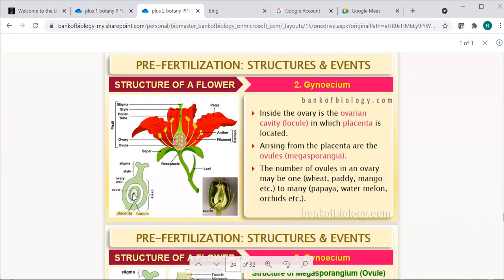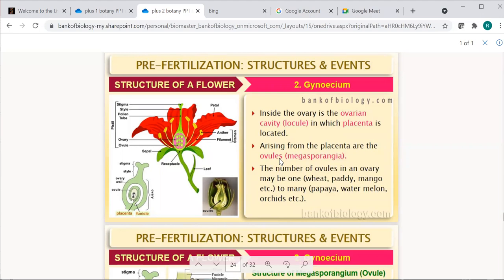So there is one locule inside the ovary, the ovarian cavity or locule, in which the placenta is located. And from the placenta arise the ovules. Inside it are the ovules.